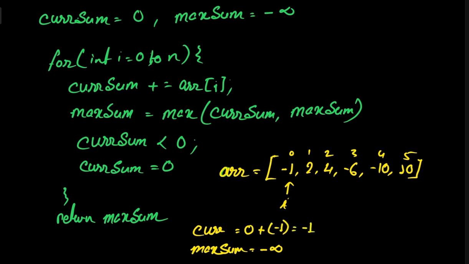It will be -1, and it will check whether the maximum is greater than the current sum. No, so -infinity will be updated to -1. Then it will check if the current sum is less than 0. Yes, so it will update the current sum to 0, and then i will be incremented, and then it will add +2.